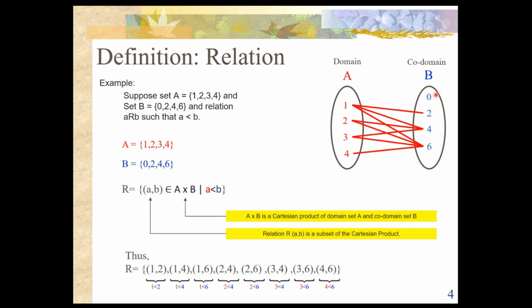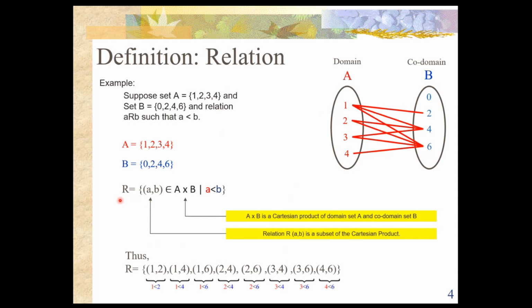Now, how do we define the relations between A and B in a proposition format? First, give the relationship a name.